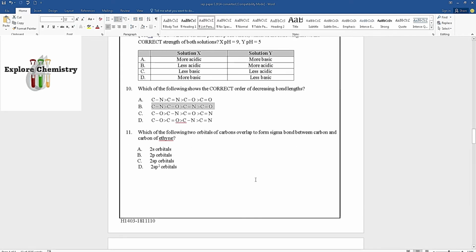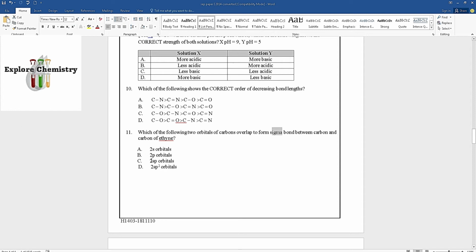Number 11, which of the following two orbitals of carbons overlap to form the sigma bond between carbon and carbon of ethene? In ethene, there is a triple bond present between carbon and carbon, and sigma bond is formed from head-on overlapping of hybridized orbitals, and in a triple bond sp1 hybridization is present.